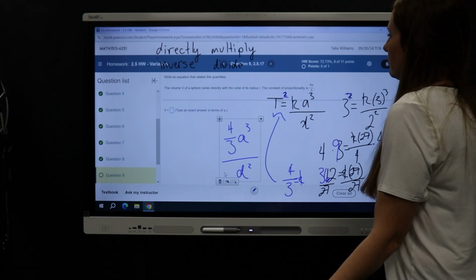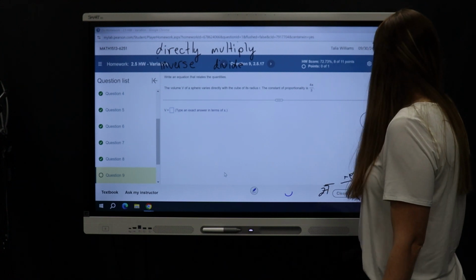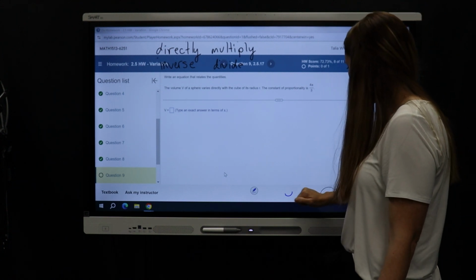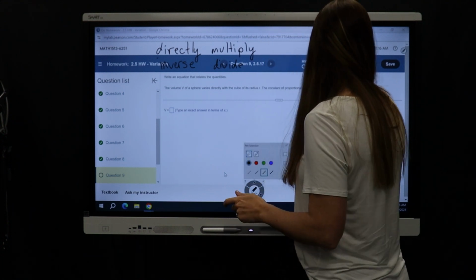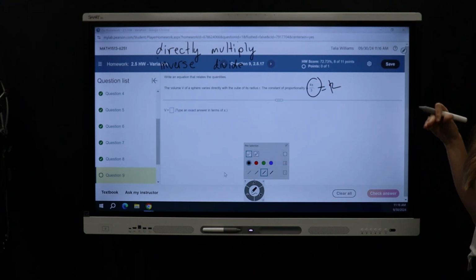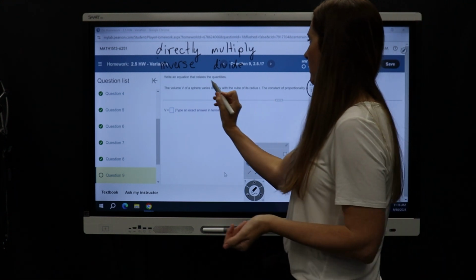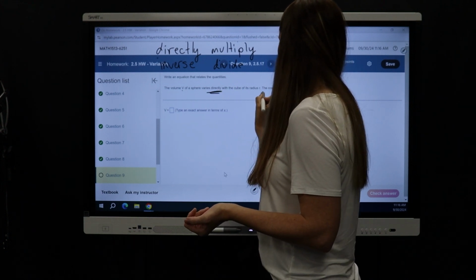The volume V of a sphere varies directly with the cube of its radius. The constant of proportionality is 4π/3. All right, what they did on this problem here, this is K, so 4π/3 equals K, and we just have to write the equation and put it in. So the volume V of a sphere varies directly with the cube of its radius.